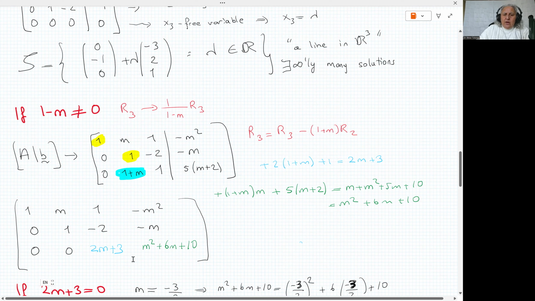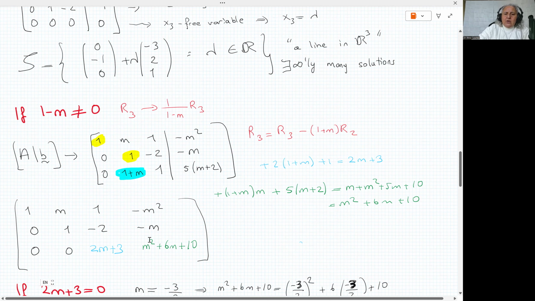If we do that, minus 2 times 1 plus m plus m will give us 2m plus 3, which is this one. If we multiply minus m with 1 plus m, adding to 5m plus 2, we simplify a little, and then we get m squared plus 6m plus 10, which is this one.